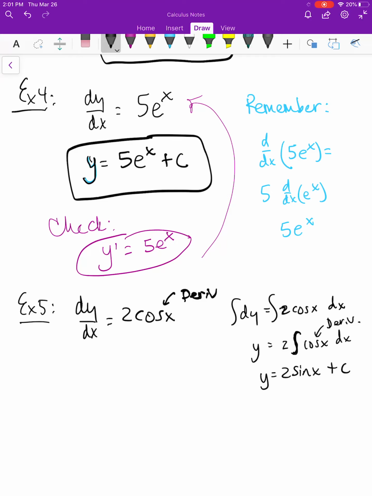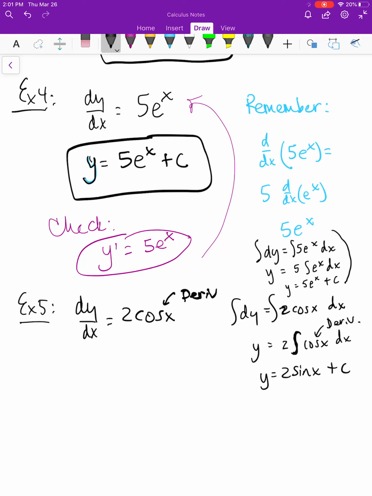Doing it using this is a little bit better because you can bring that constant out in front. We could have done the same thing over here. Up on example number 4, we could have said 5 dy equals 5 e to the x dx. We could have integrated. We could have said y equals, and we could have brought that 5 out in front, integral of e to the x dx. Well, the integral of e to the x is e to the x.